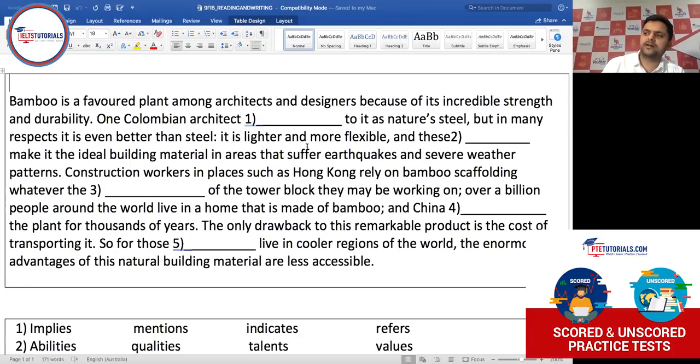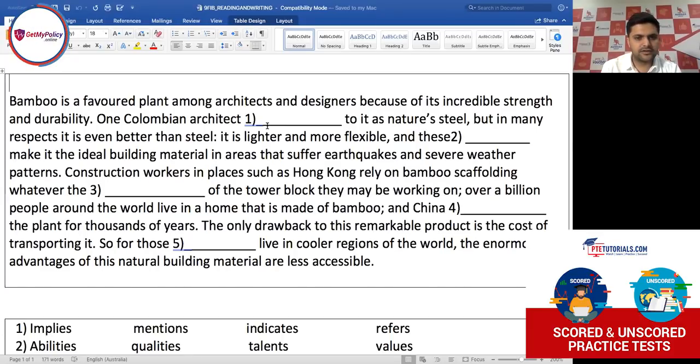So one Colombian architect has to say something about bamboo, and what he says is that it is nature's steel. That's what he says. Now we see the options and try to figure out which one would create a meaning over here, and which one would even be grammatically correct.